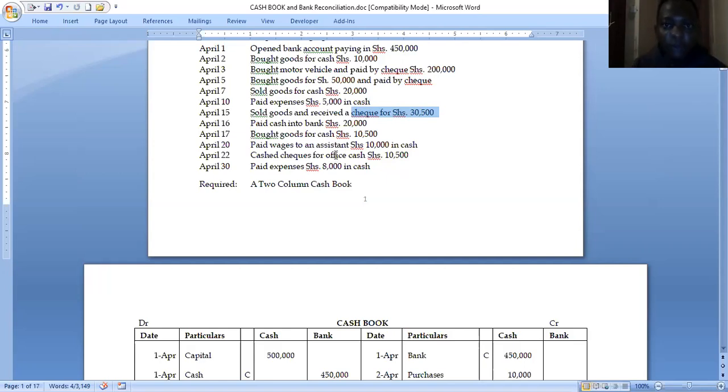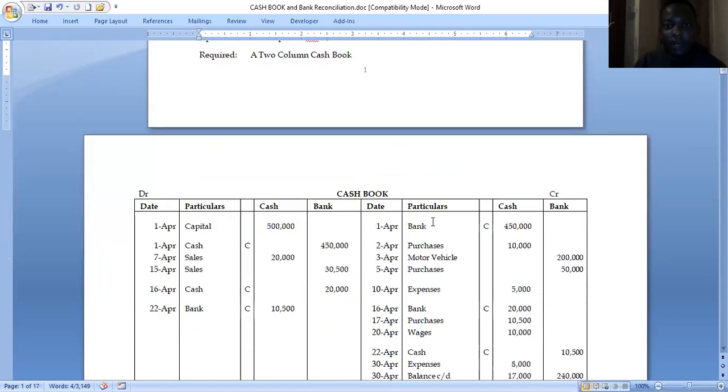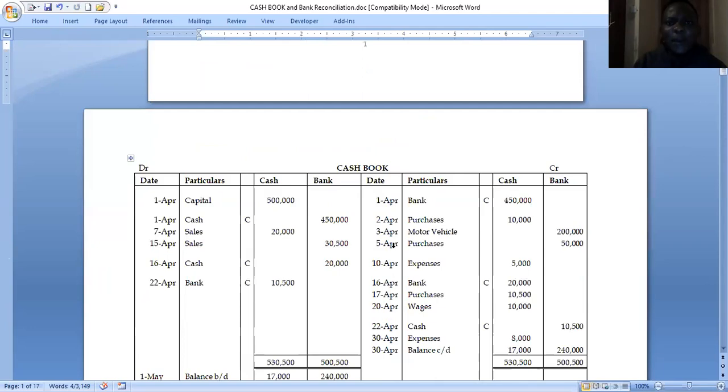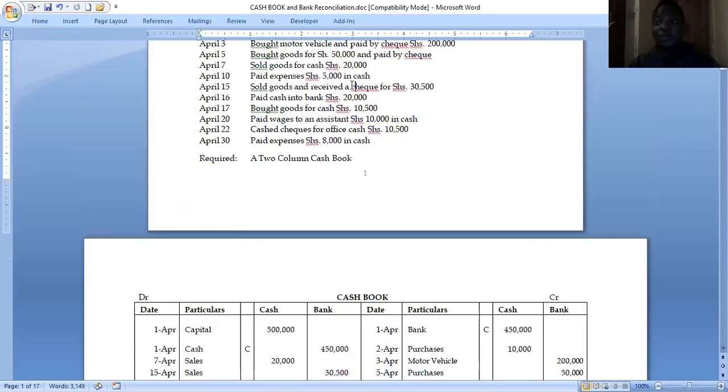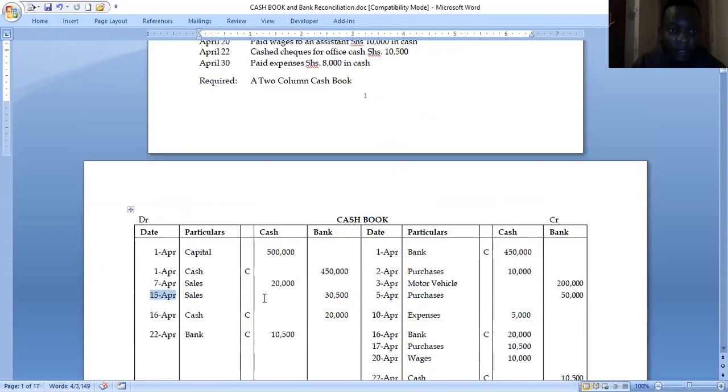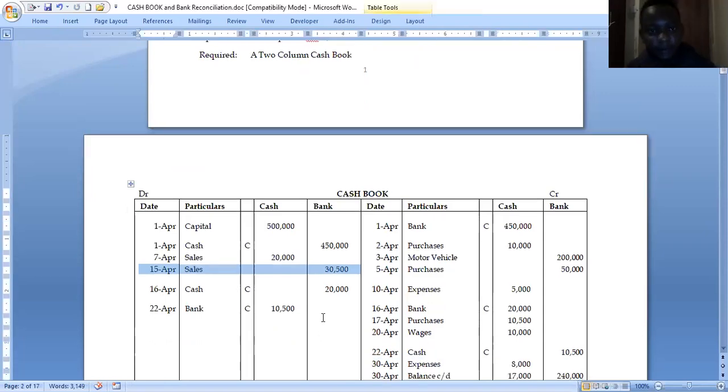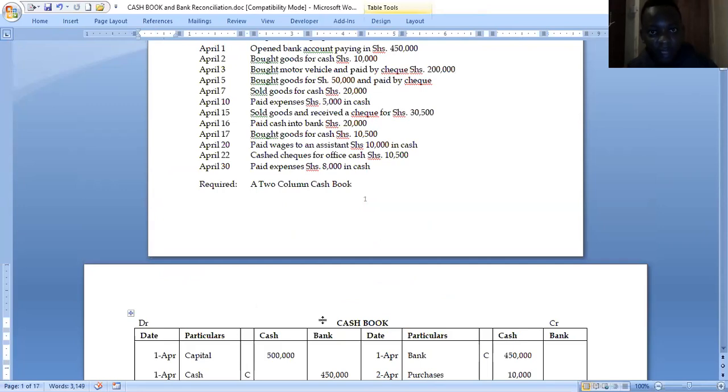In our cash book, on the 15th, bank is increasing, so we debit the bank column as highlighted there, 3,500.